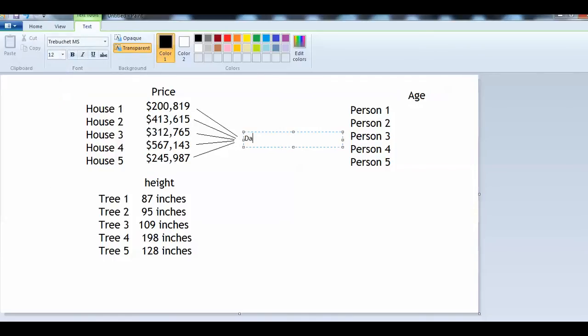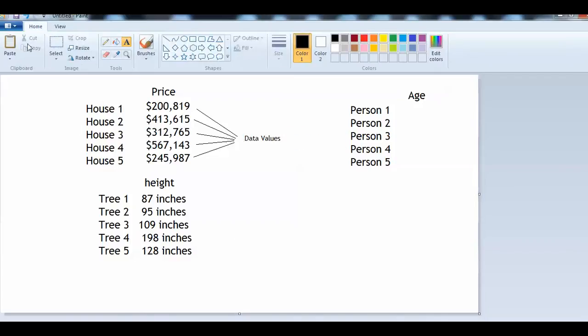They're the pieces of information that describe the houses. So they're the data values.